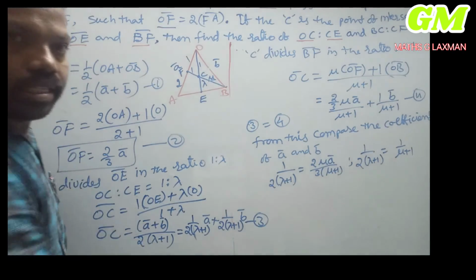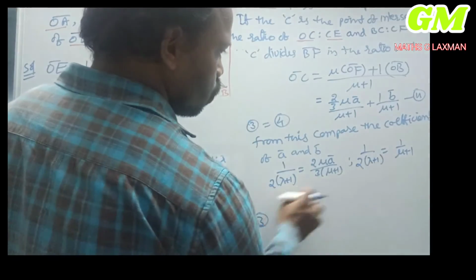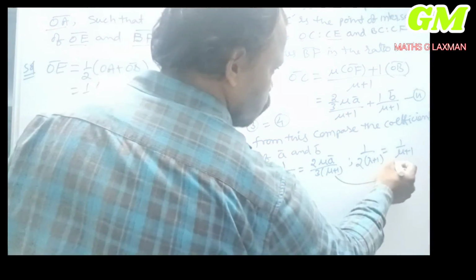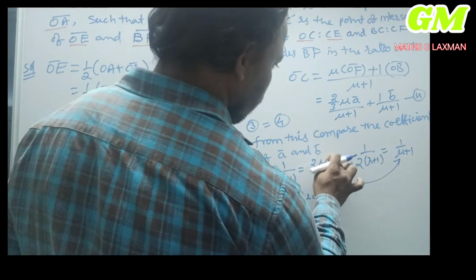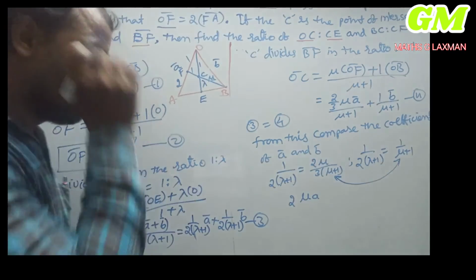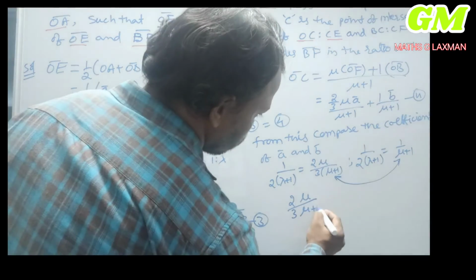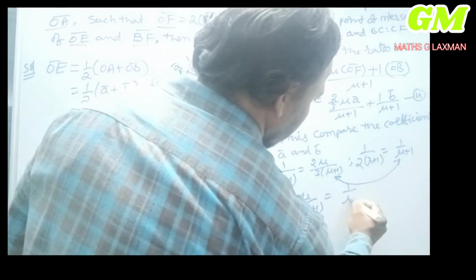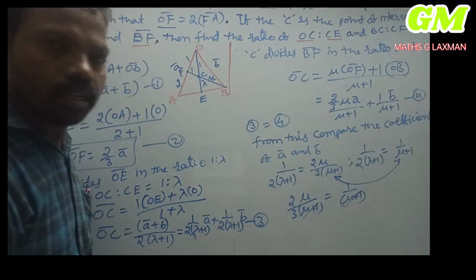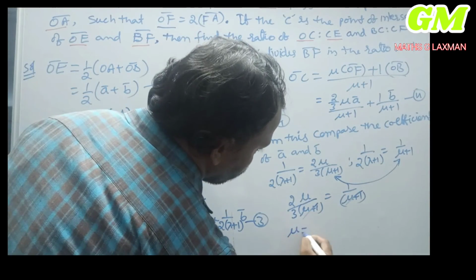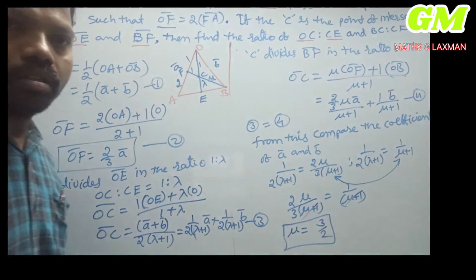If you observe this, 1 by 2 times of lambda plus 1 appears in both, so we can equate these two. We are comparing the coefficients only, so A does not appear. So 2 times mu divided by 3 times of mu plus 1 is equal to 1 by mu plus 1. Both sides mu plus 1 will be cancelled. So mu is equal to 3 by 2.